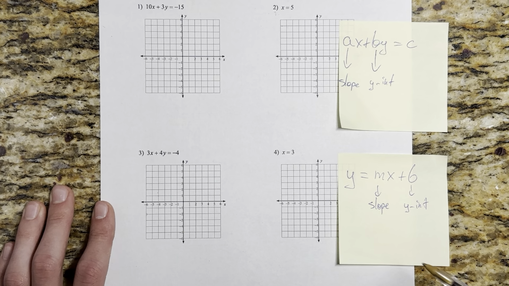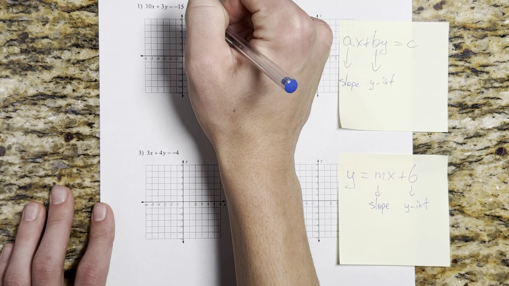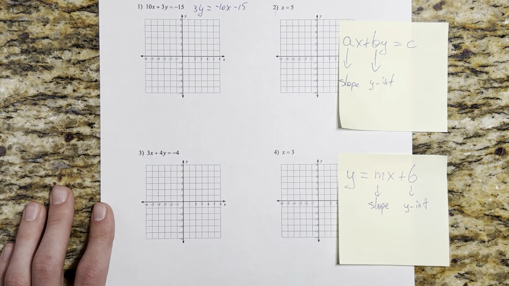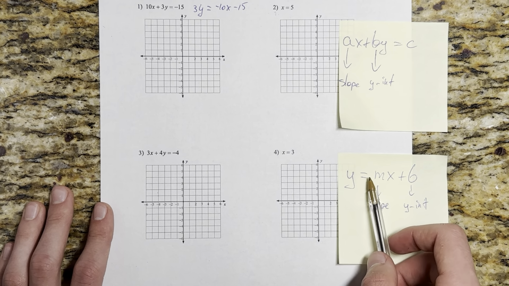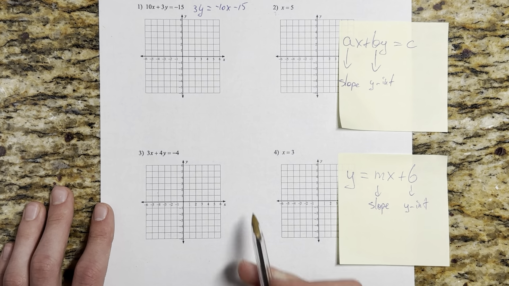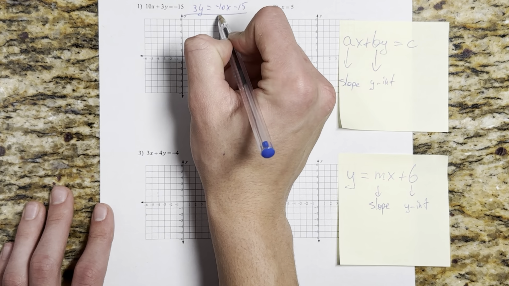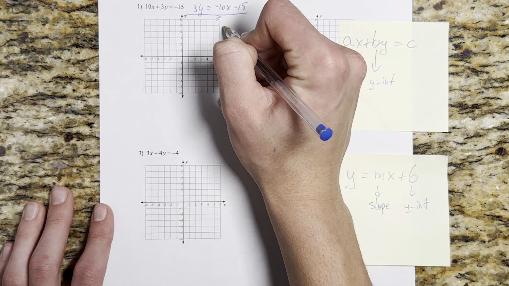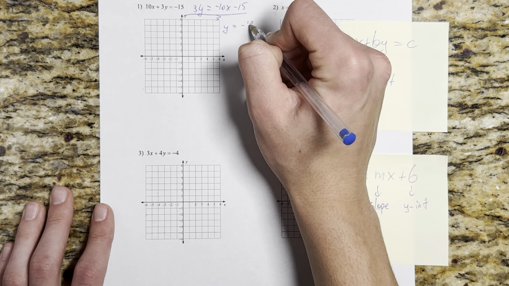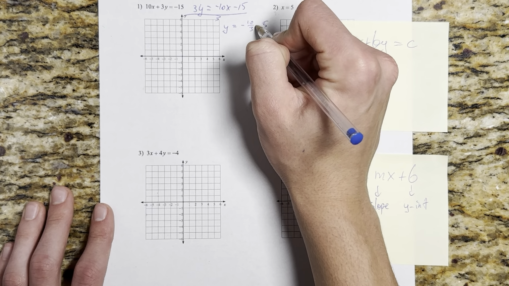To do that we have to move 10x to this side, and we'll get 3y equals negative 10x minus 15. And since the equation is y equals mx plus b, not something y equals mx plus b, we have to divide all this by 3. We'll get y equals negative 10 thirds x minus 5.